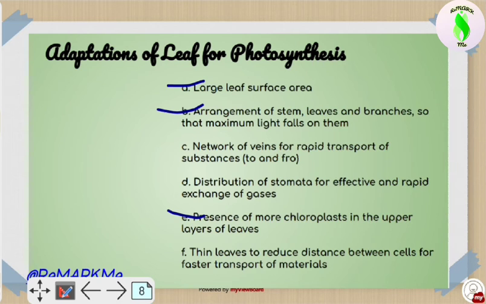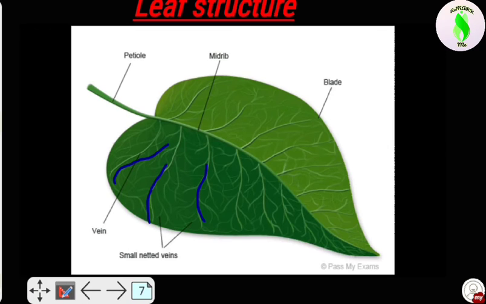The sixth point is thin leaves to reduce the distance between cells for faster transport of material. As you can see, this is a leaf. The structure of this leaf is very thin, a blade shape.